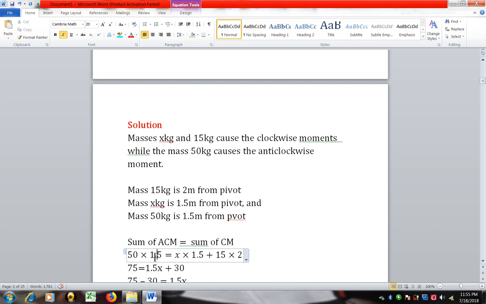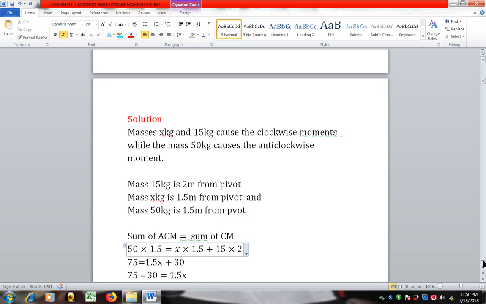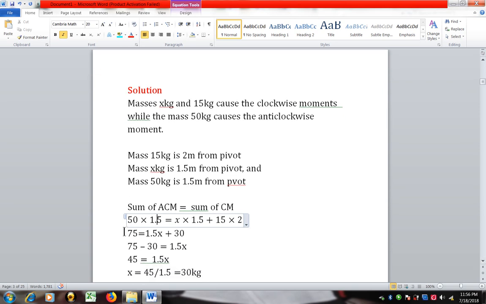So we have the sum of anti-clockwise moment equal to the sum of clockwise moment. Then we evaluate: 50 times 1.5 is 75, X times 1.5 is 1.5x, and 15 times 2 is 30. So we have 75 equal to 1.5x plus 30.